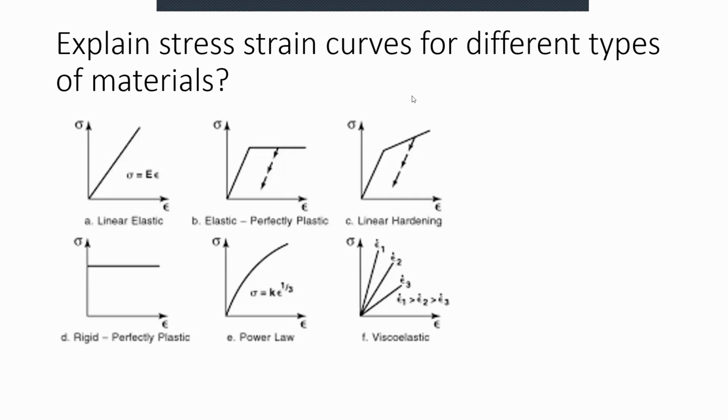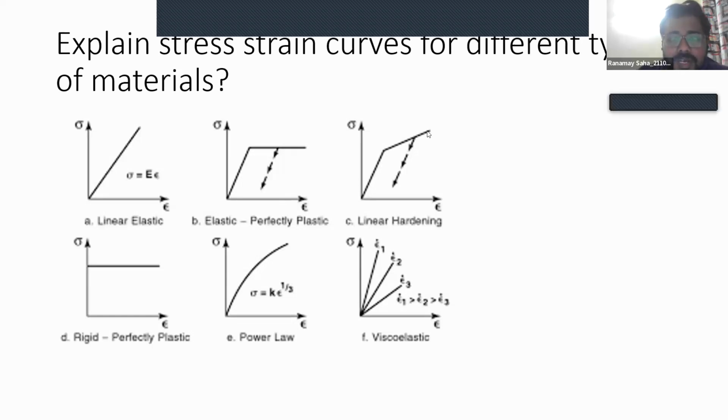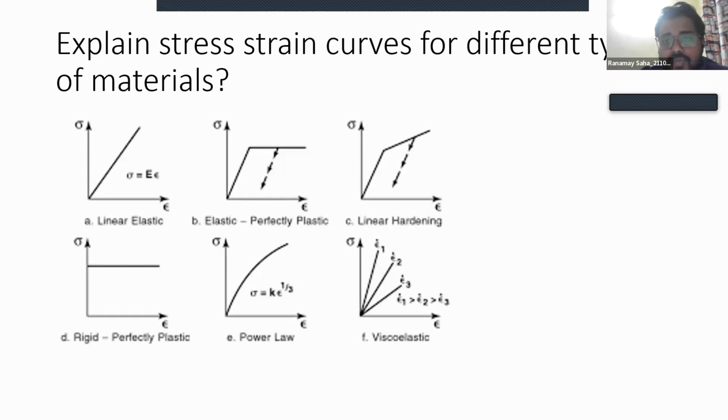Now this is about linear strain hardening, which I have already introduced in an earlier slide. I hope you have understood. The material now gets strain hardened at some particular point. The stress increases much more than the strain.